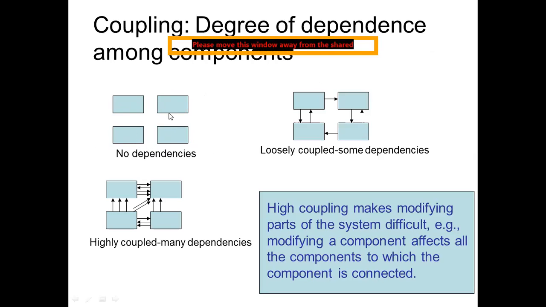This is a component, this is a component, and so on. There are 4 components, for example, that we are considering here. Whenever we combine these components, it is called a module. So this module consists of 4 components.